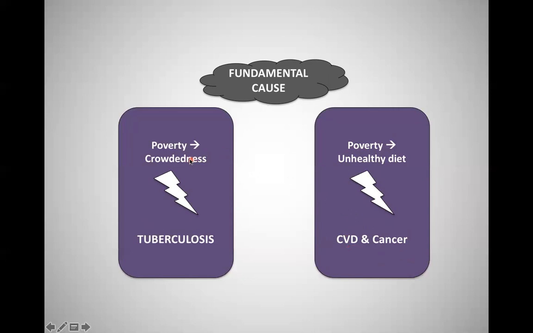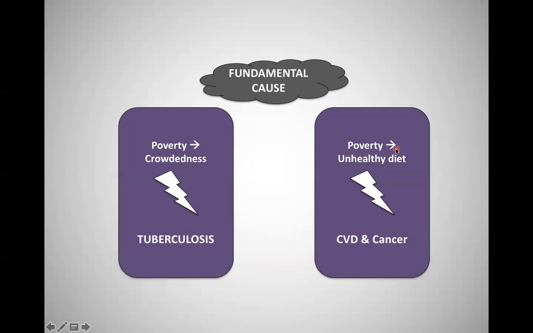Even though the pathway, which is crowding and unhealthy diet, differs, and even though the health outcome or the main cause of mortality differs between the year 1920 and the year 2021, despite the difference in the pathway and the health outcome, the fundamental social cause has not changed.